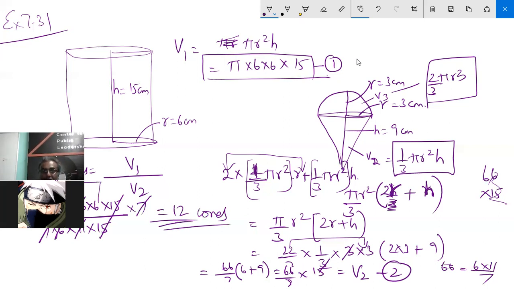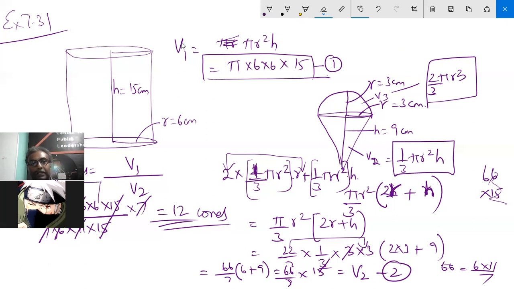Very simple sum this also. Only thing is the cone is having a hemisphere on top, like usual cone ice cream. So you have to calculate both together. So what you should not do is now let me take this and put it. You understood, no?